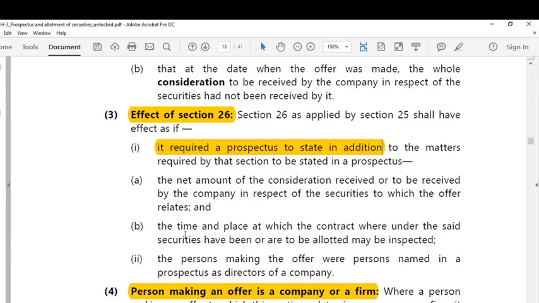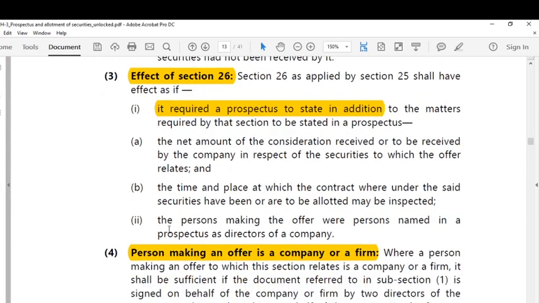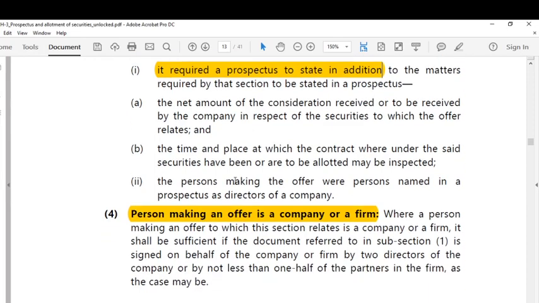And apart from that, the time and place at which the contract under which the said securities have been or are to be allotted may be inspected, and the persons making the offer or persons named in the prospectus as directors of the company. So this is the effect of section 26 in case of a deemed prospectus.